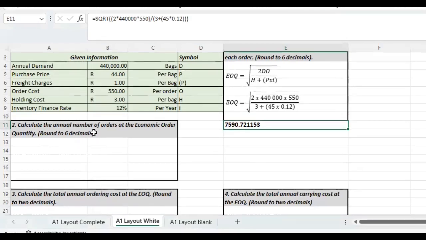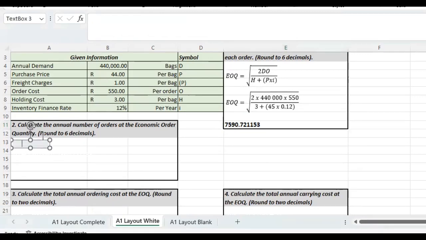Okay, then it says calculate the annual number of orders at the economic order quantity. So once again, first thing that you do is you put down your formula. Okay, then the second thing that you do is you replace the values in the formula.